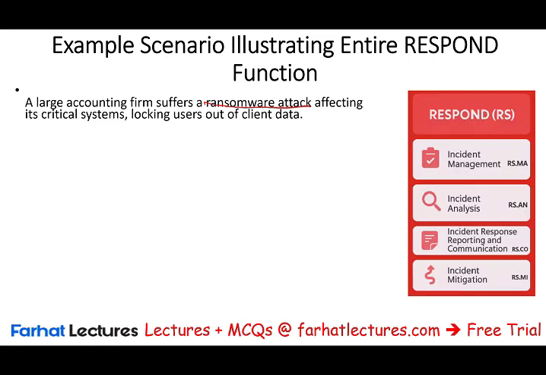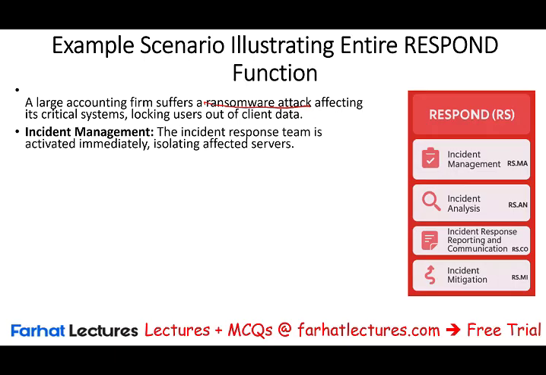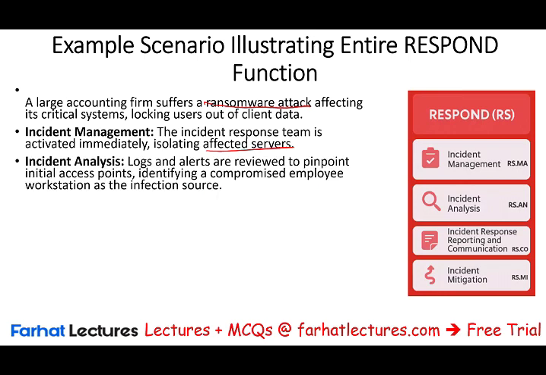Basically, they take your data hostage. In incident management, the incident response team is activated immediately to isolate the affected servers. So first thing is they isolate certain servers. Let's keep the attack there. Then we have to analyze logs and alerts to pinpoint the initial access point so they cannot go from somewhere else, identifying a compromised employee workstation as the infection source.